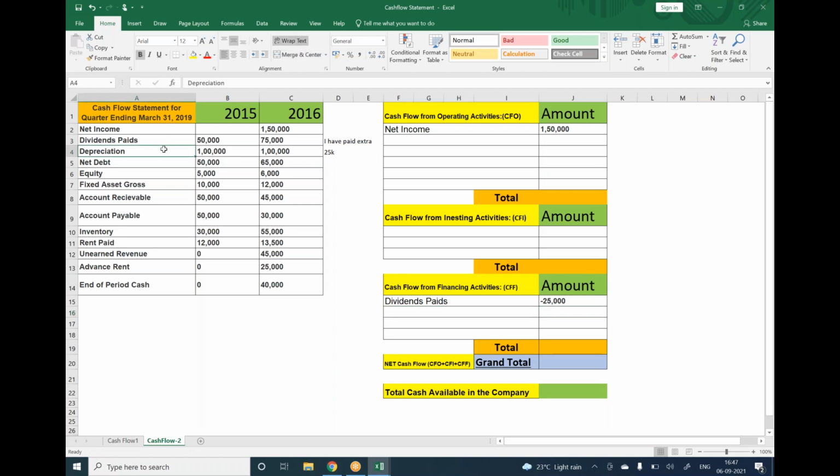Next is the depreciation. Depreciation, I told you it is a CFO and it is of 1 lakh. This year also 1 lakh. Net debt. Where will this go, net debt?